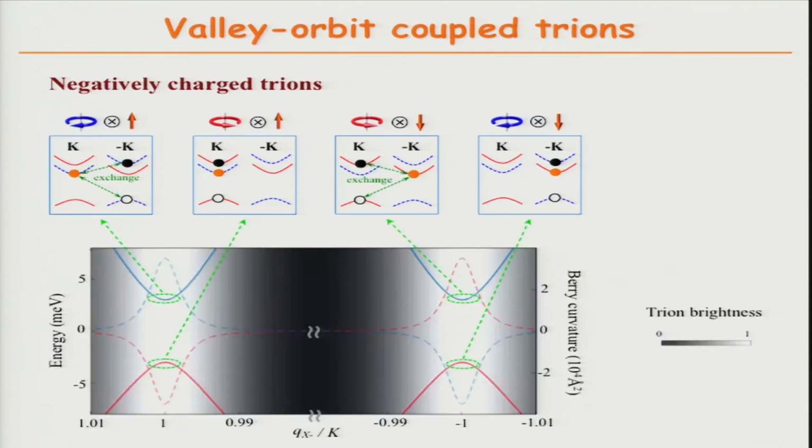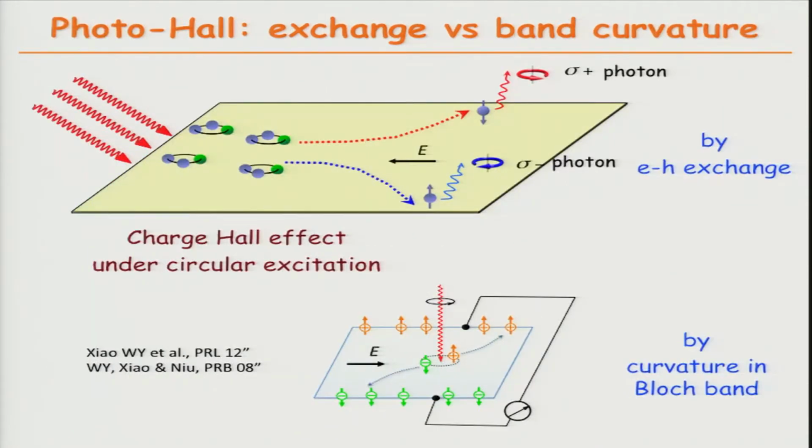So in this gapped Dirac spectrum, you would have a large Berry curvature distribution. And this charged species of exciton will move in the electric field. So if you optically excite a doped system to inject trions, you would have two species, one picking up a positive and the other picking up a negative anomalous velocity and moving to the edge. And they have opposite spin and emission helicity for the photon.